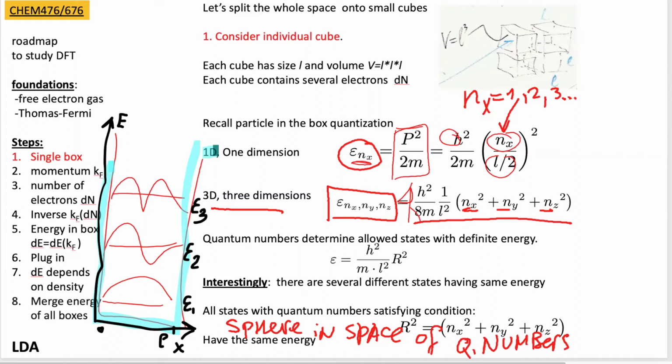The bottom one, the h squared over 8 m L squared, would be the general form. Let's think over once again. Steven, you're moving in the right direction. Here we do have indices.